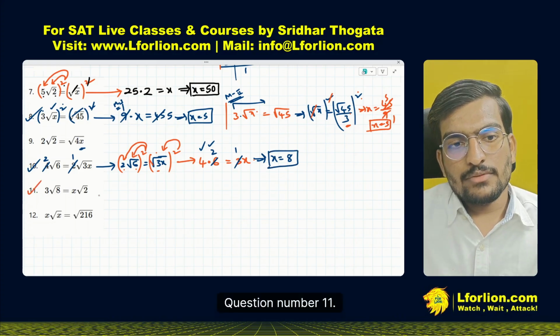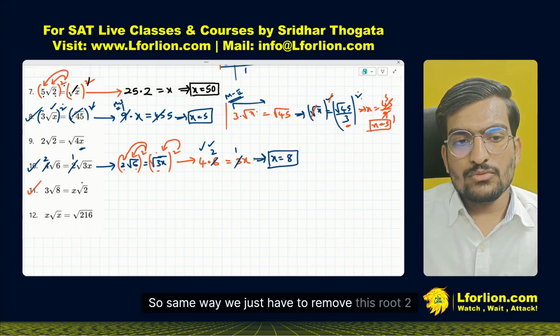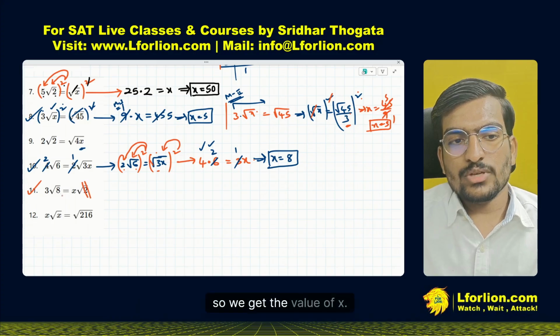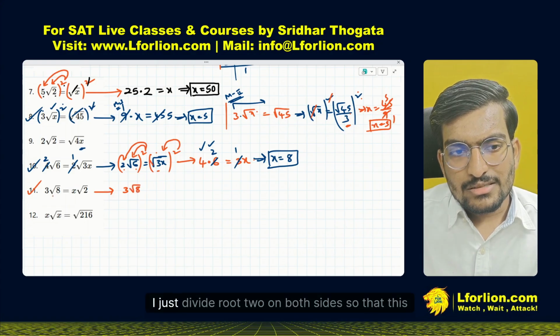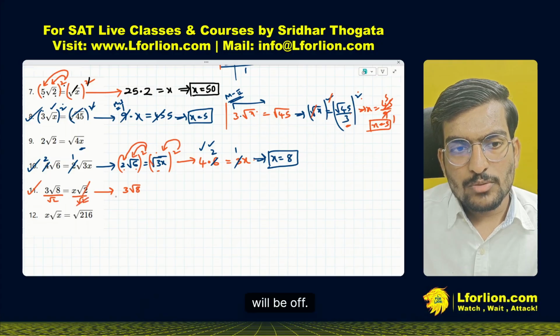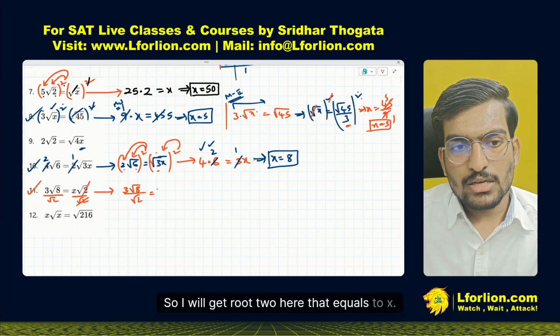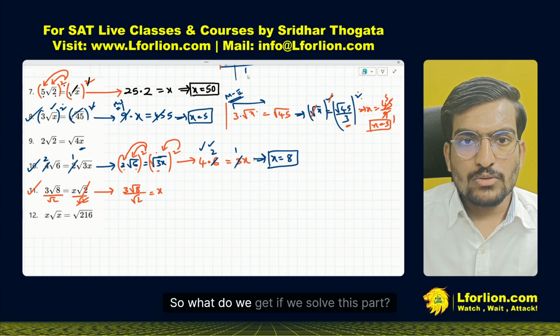Question number 11. Same way, we just have to remove this root 2 thing, so we get the value of x. So what we do, 3 root 8, I just divide root 2 on both sides, so that this will be cancelled off. I will get root 2 here, that equals x. So what do we get?